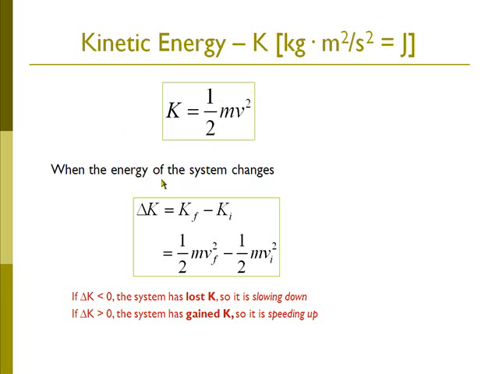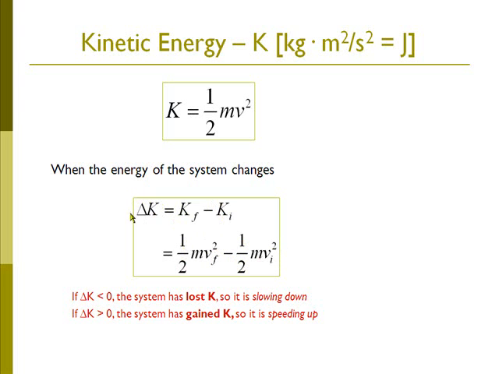When we say that an object or a system undergoes a change in kinetic energy, to calculate that change, we consider its final kinetic energy and subtract its initial kinetic energy: 1/2 m v final squared minus 1/2 m v initial squared.